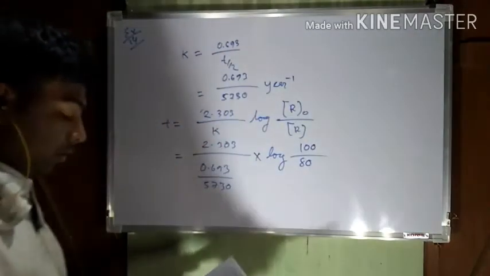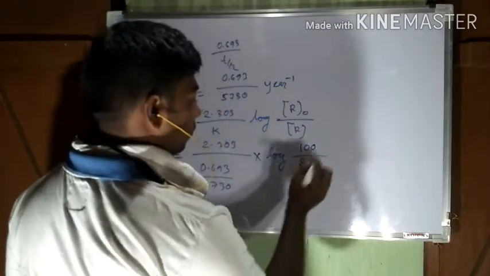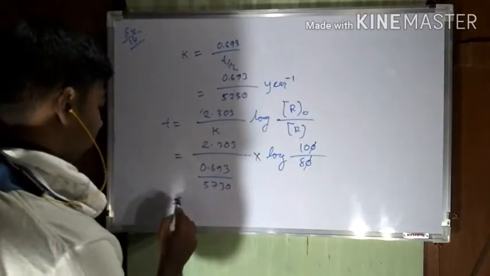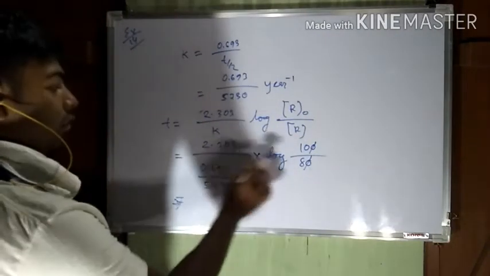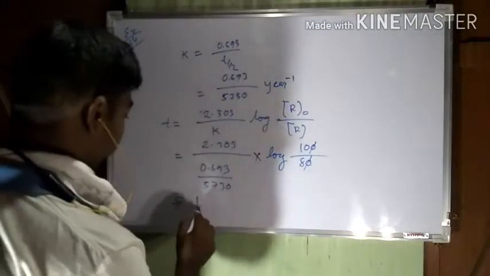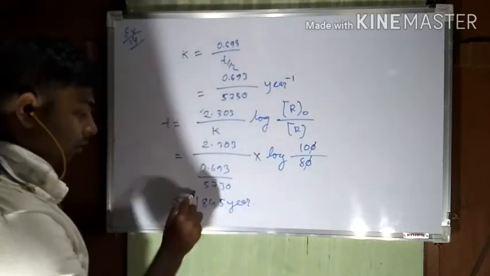If we calculate these numerical terms, simply the division and multiplication, you get 1845 years. This is the answer.